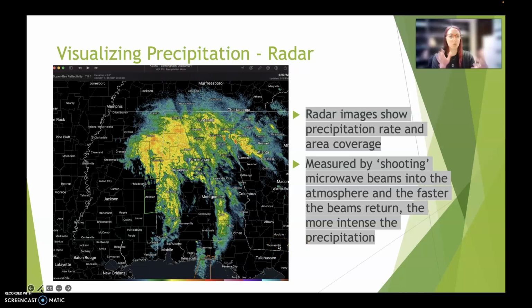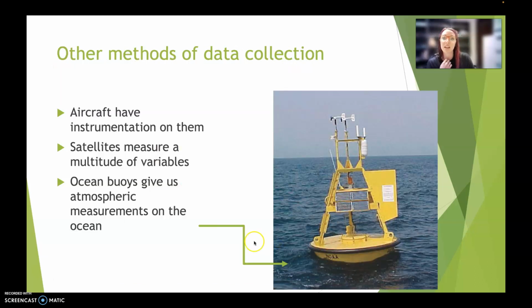These things work by shooting microwave beams into the atmosphere. And the faster those beams return to the instrument, the more intense or larger the precipitation, or a combination thereof. But we'll talk a little bit further about radar in our next lecture. And then there's other methods of data collection as well.